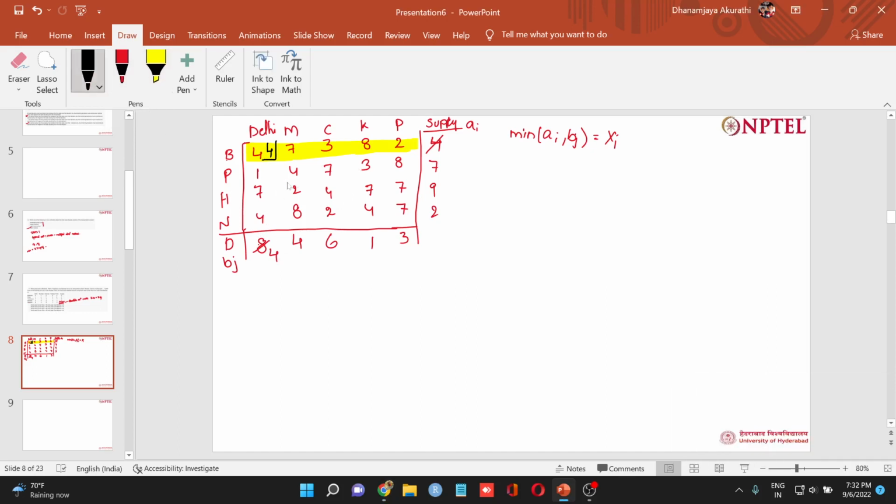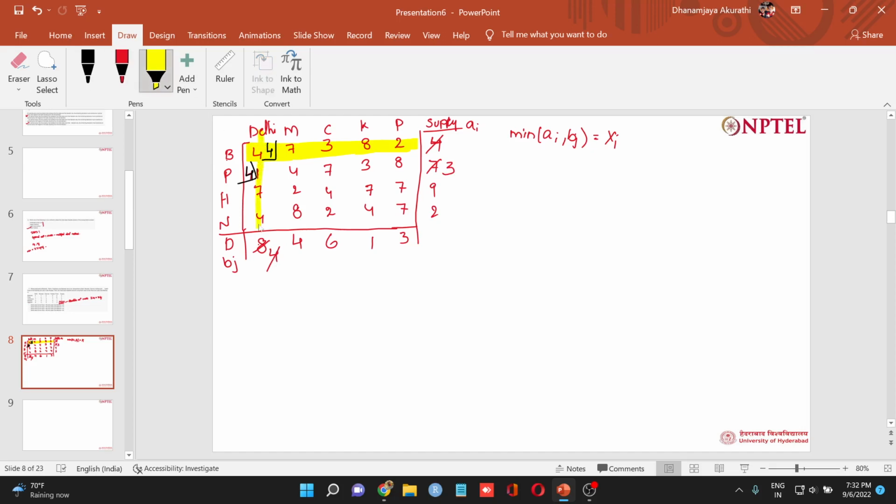Next, coming to the next matrix, again you have to see the leftmost top corner and identify the corresponding supply AIs and BJs. Here the minimum of AI and BJ is BJ. So cross it out and assign the 4 here. After eliminating the 4, you obtain 7 minus 4 is equal to 3, and it is corresponding to the column, so leave out that column.